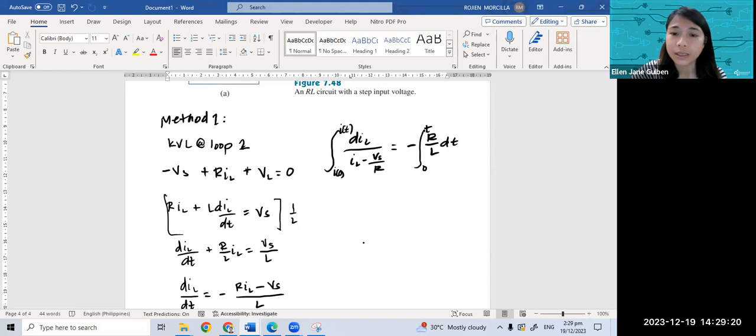With that, we will have ln of IL minus Vs over R integrated from I of 0 to I of t is equal to negative R over L t from 0 to t.